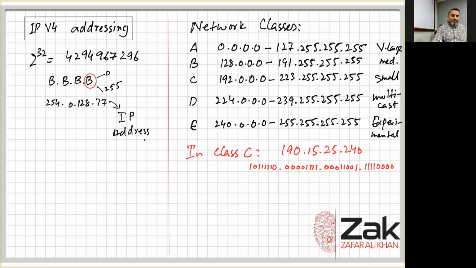The problem with this IP network is it soon becomes clear that this IP version 4 system provides an insufficient address range. Nowadays, we have got computers, laptops, even IoT devices. Everything is connected to computers nowadays. Even I have heard that the processors we have nowadays have their own IPs.